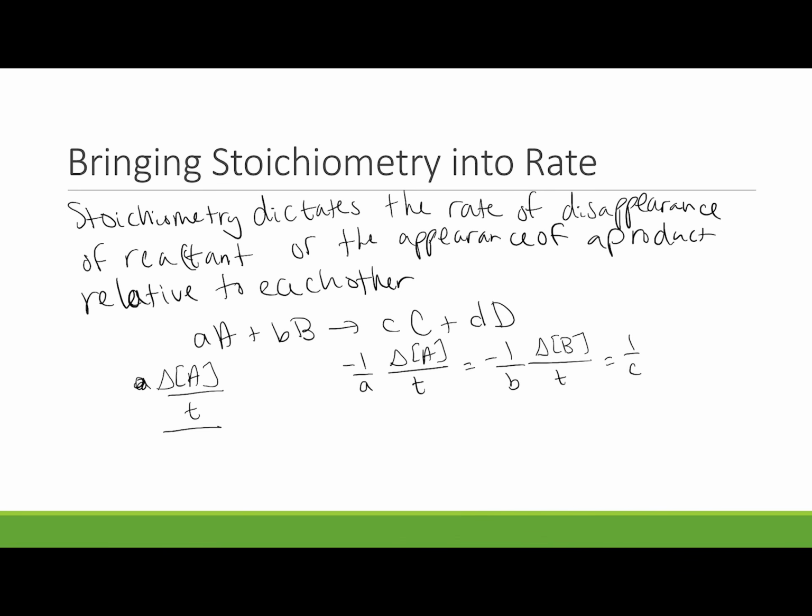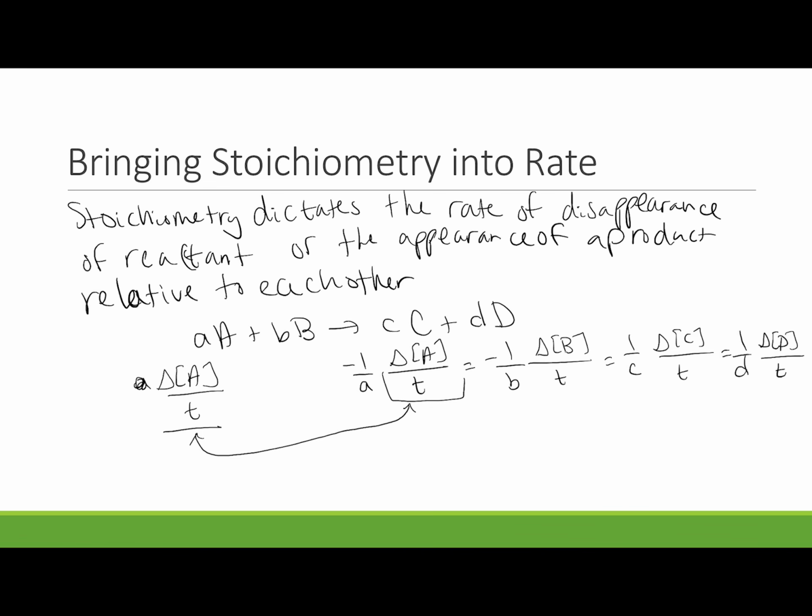So if we have any one of these rates of our substances, we can determine how the other rates are going to be affected. So you can look at this and directly put it in for this portion right here. Remembering that the delta concentration over time is what we're actually talking about as a rate of appearance or disappearance of a substance.